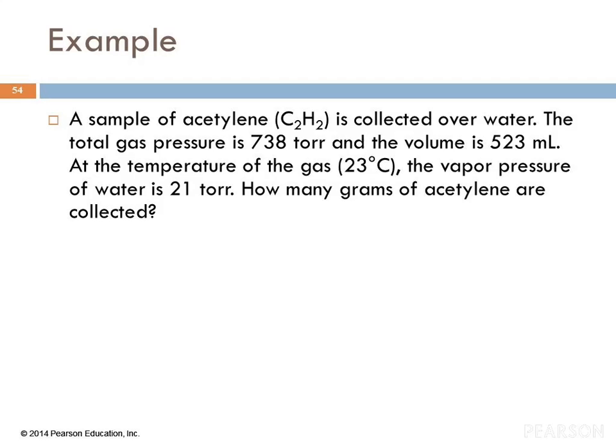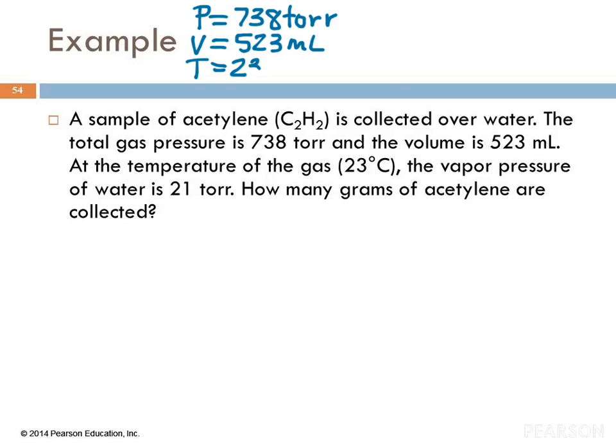So we've got all these numbers. I'm just going to write some of them up here at the top. We have a pressure of 738 torr, a volume of 523 milliliters, and a temperature of 23 degrees Celsius.